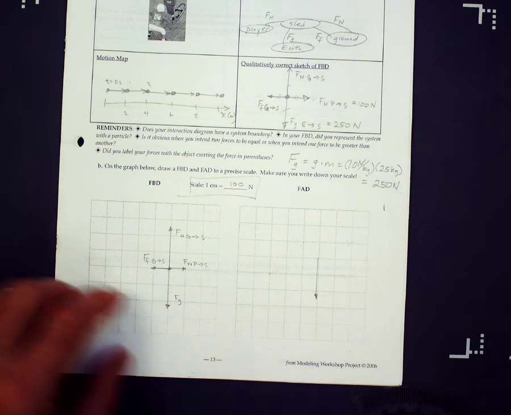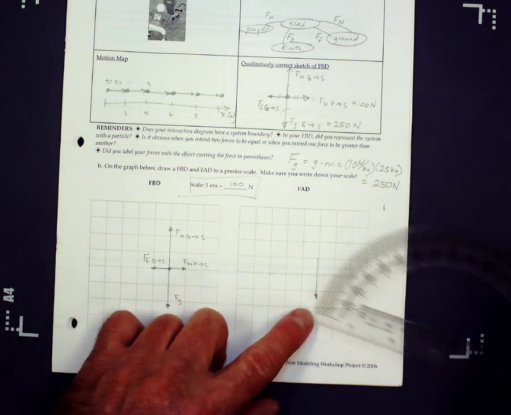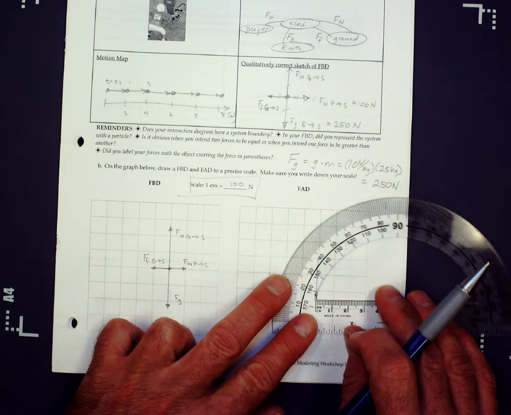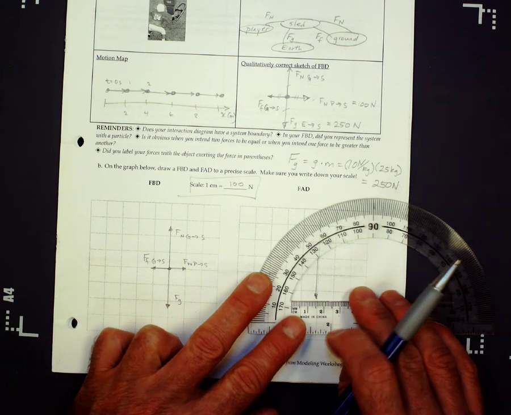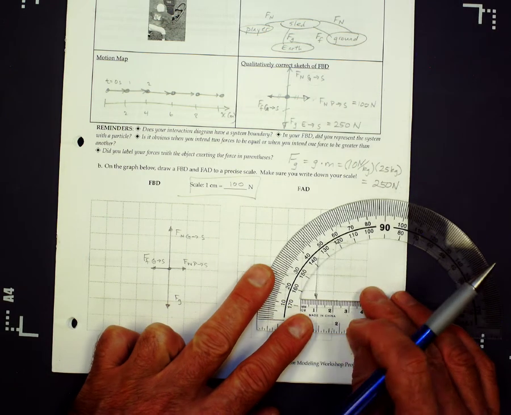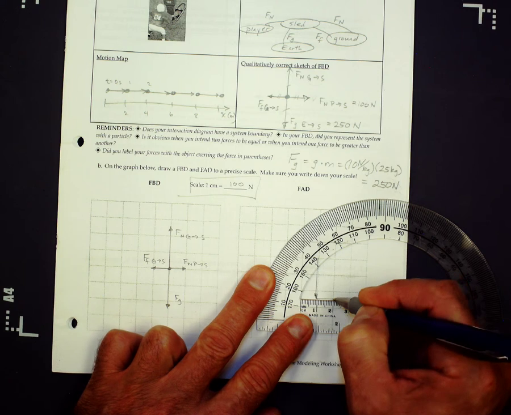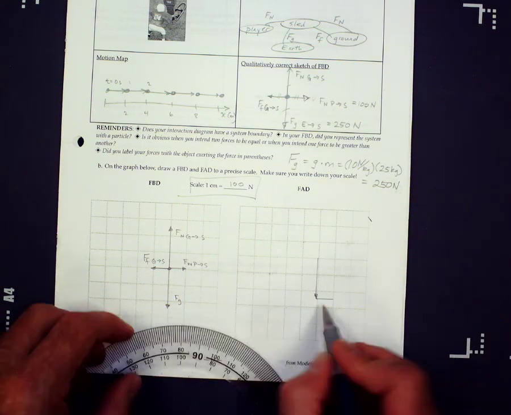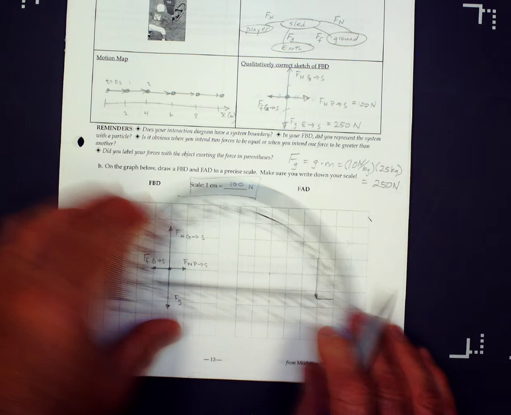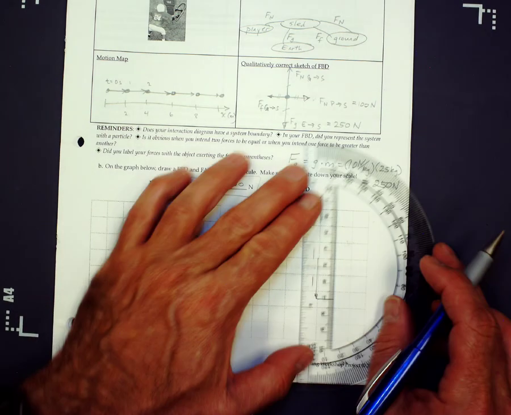And then the next vector I'm going to draw is the vector that represents the push of the player on the sled. So I'm going to make that 1 centimeter long. And now look how careful I was to make sure that this vector was really at 90 degrees. In fact, I should probably be a little more careful.